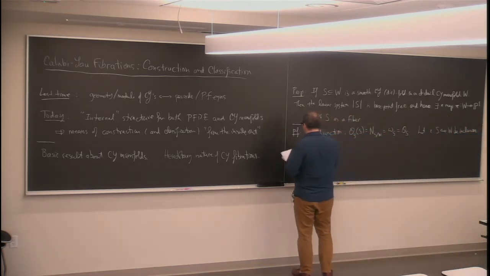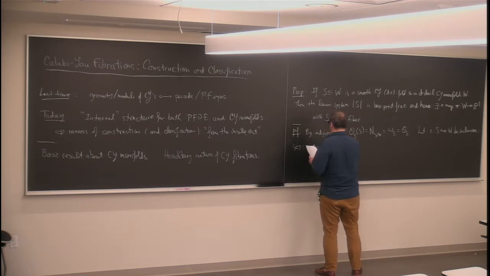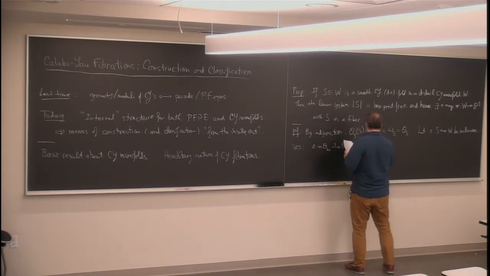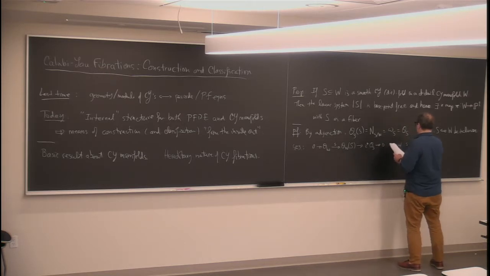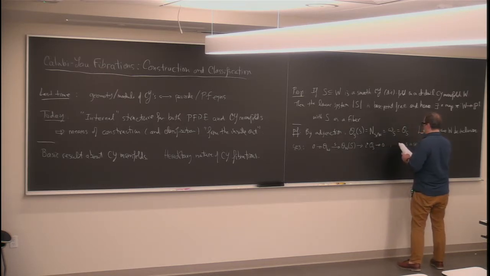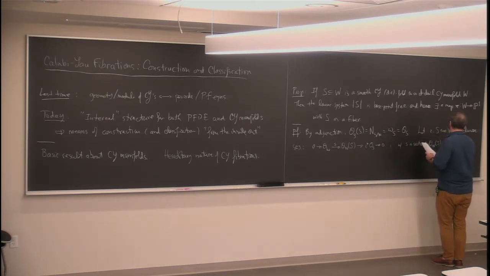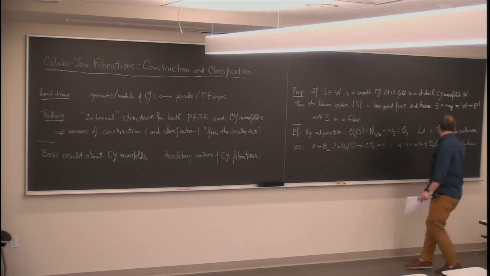Then we have a short exact sequence of sheaves: 0 to O_W, mapped by s, to O_W(S), pulling back to O_S, to 0, with little s a section of O_W(S) whose vanishing locus is S.